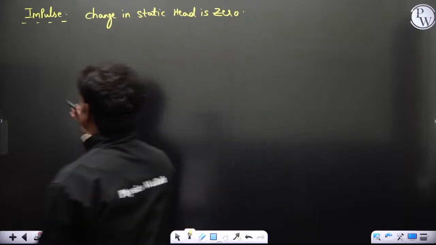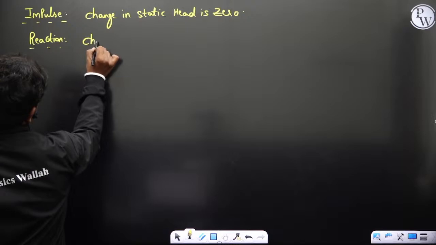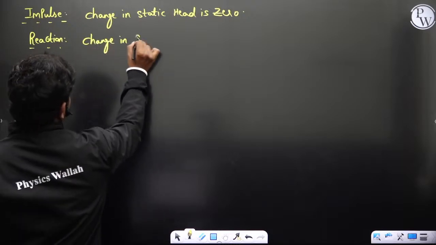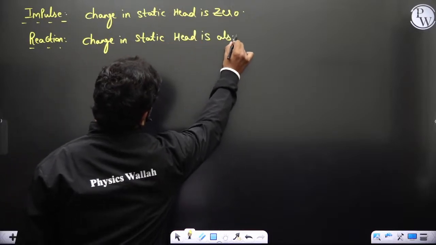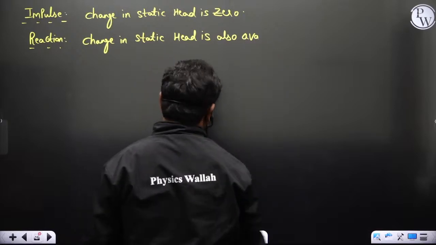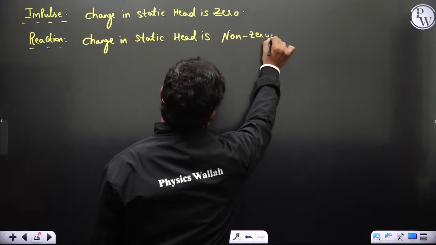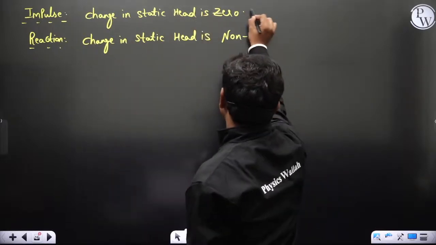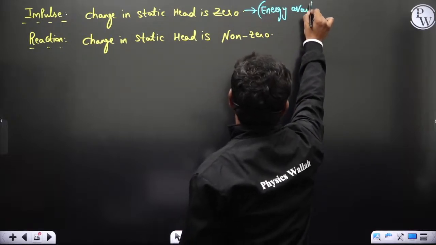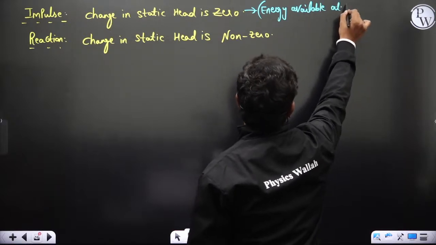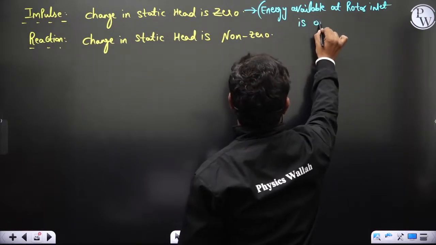Clear? And in case of reaction turbines, the change in static head is also available, it is non-zero. The meaning of this is, in impulse machines, nothing changes in terms of static head, and the energy available at the rotor inlet is only kinetic energy, which is the dynamic head.